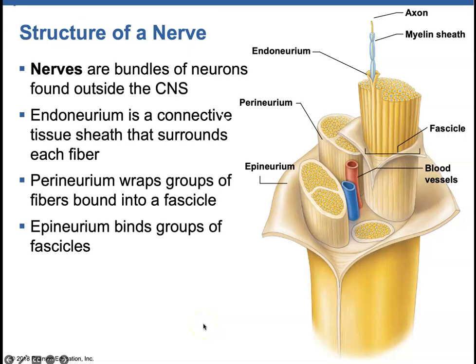Then what a nerve looks like is very similar to what skeletal muscle looks like in terms of the wrappings. All right, so this right here is one actual axon, and then what you're looking at with the whole thing is basically a bundle of nerves. If you think of this as Twizzlers, the outer wrapping is called the epineurium.